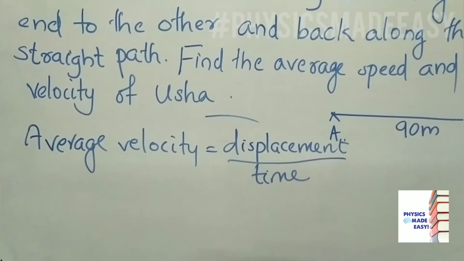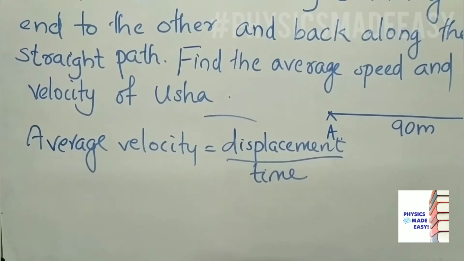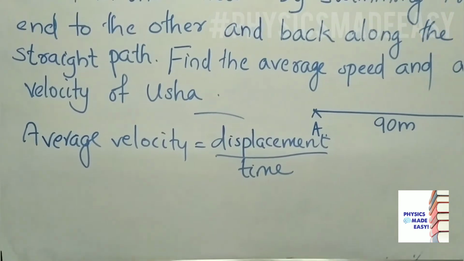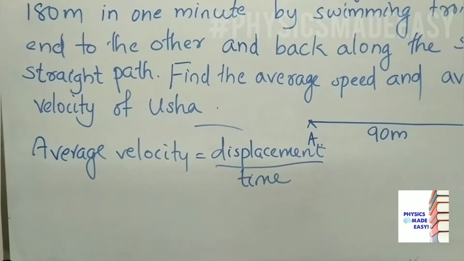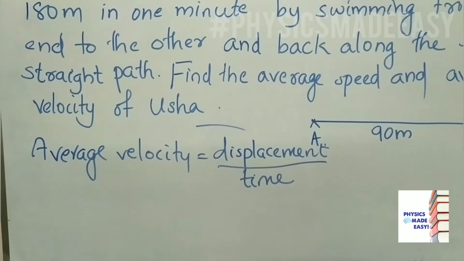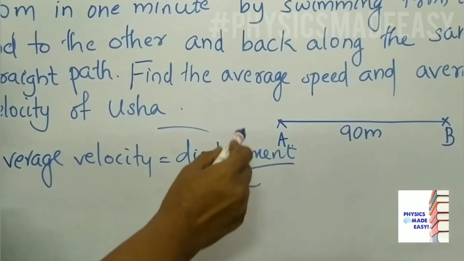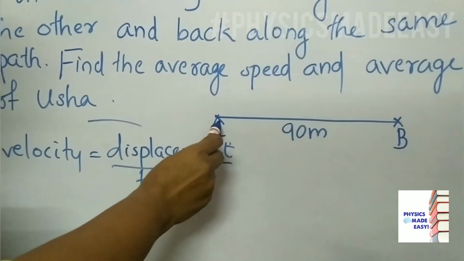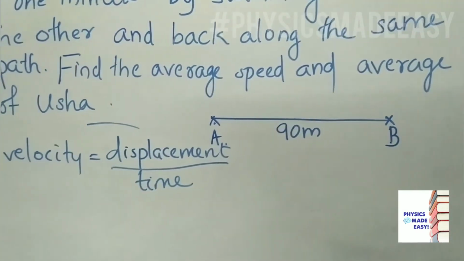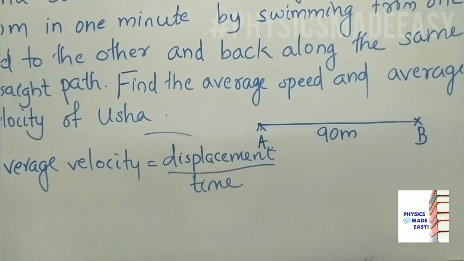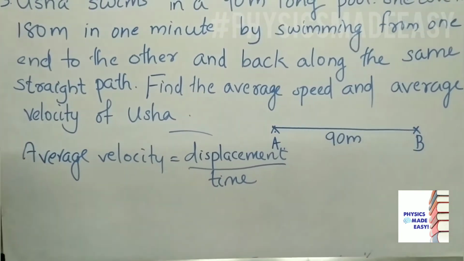Next, you have to find the average velocity. You know the equation for average velocity is total displacement divided by total time taken. Here Usha starts from A going to B, then coming back to A. Here the initial and final positions are coinciding. So what is the displacement?